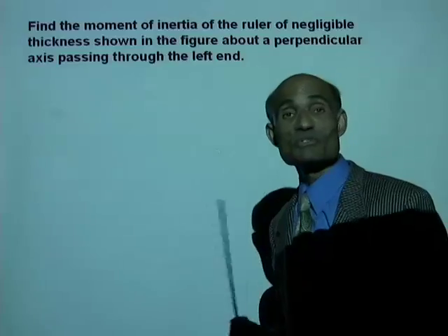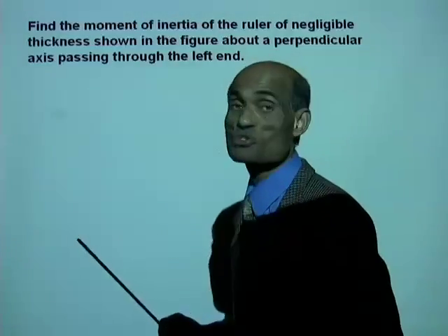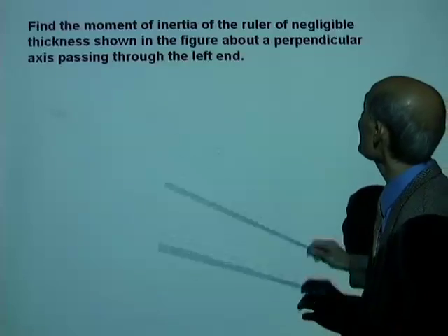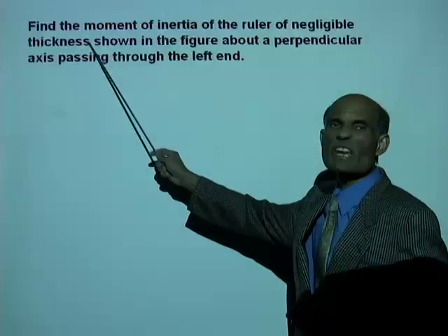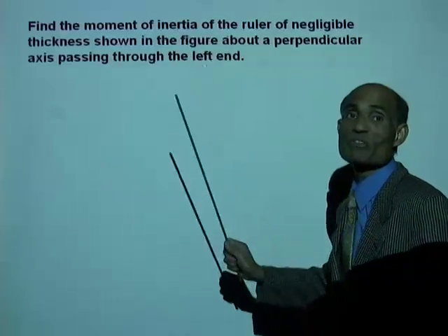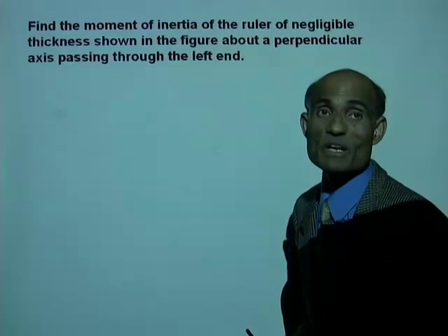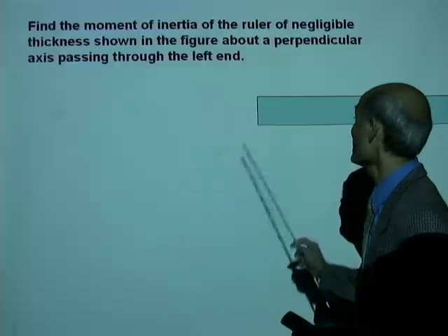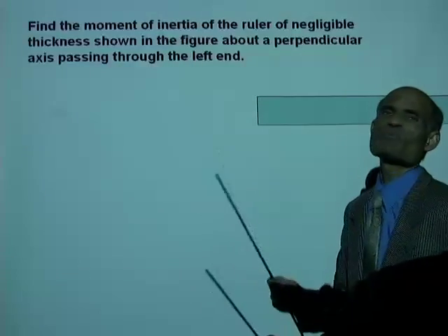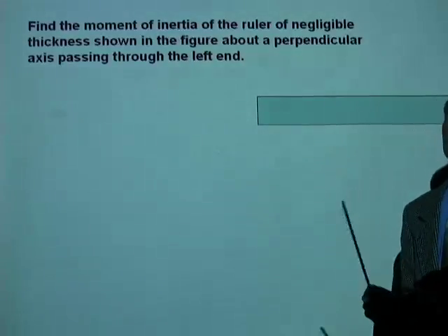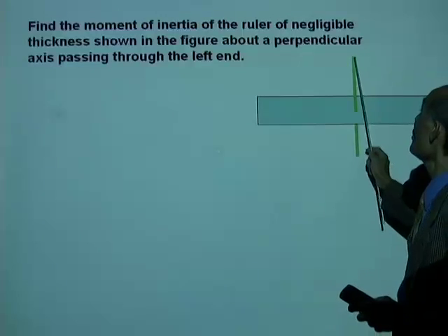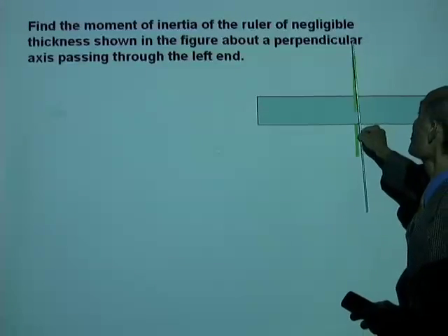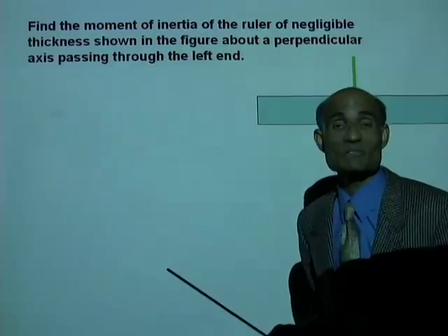Alright, let's use that in a situation. Find the moment of inertia of the ruler of negligible thickness shown in the figure about a perpendicular axis passing through its left end. Well, we know the moment of inertia of this ruler about an axis through its center of mass.